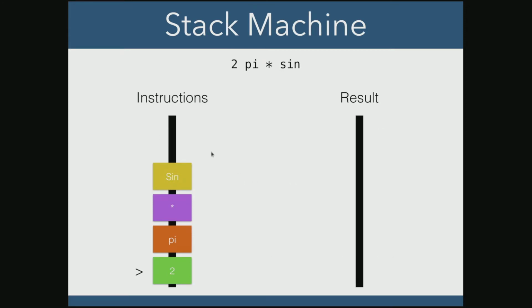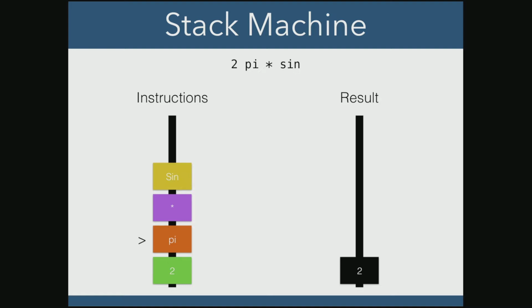So here is that sine 2 pi thing that I had earlier, written in reverse Polish notation, postfix notation. And here is my list of instructions, and I'm going to be working from the bottom up here. So, first of all, I encounter a 2. 2 simply puts 2 on the result stack. I now encounter pi. Well, pi is a named constant, but it doesn't take any values.